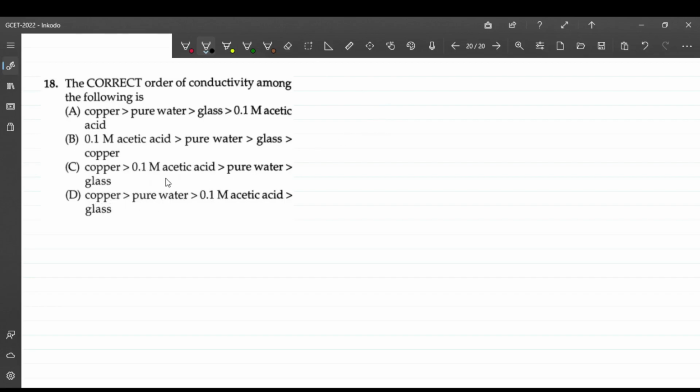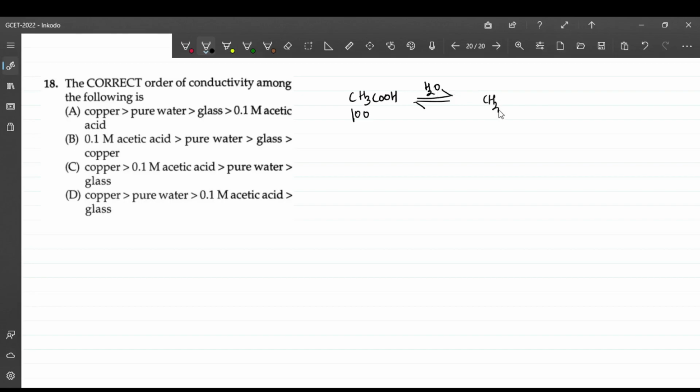Then 0.1 molar acetic acid. Now it is an acetic acid. Acetic acid is a weak acid, means it is going to dissociate to a very small extent in water. Let's say there are 100 molecules of CH3COOH, for simplicity I am considering just 100 molecules. What will happen if you put this into water?